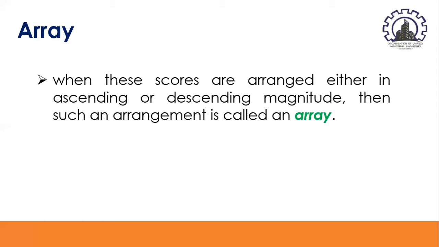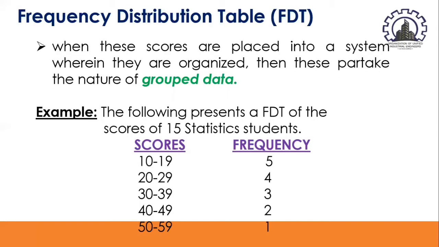So when these data are placed into a system wherein they are organized, then they partake of the nature of grouped data. This procedure of organizing data into groups is called a frequency distribution table.